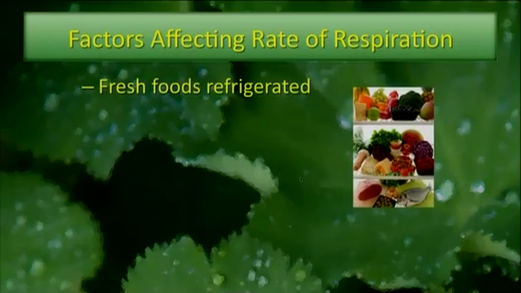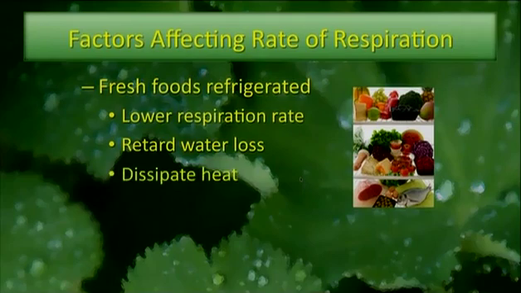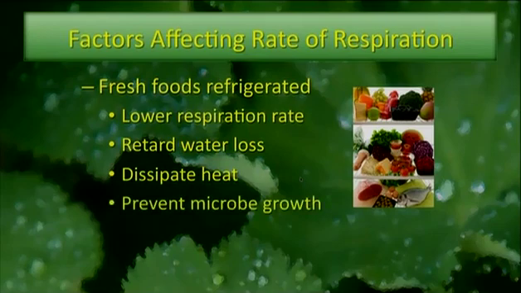Fresh foods are refrigerated because under refrigeration you have a lower respiration rate, since heat tends to accelerate the actions of enzymes up to a certain point. Refrigeration also retards the loss of water, dissipates heat, and prevents the growth of mold and bacteria that destroy foods.